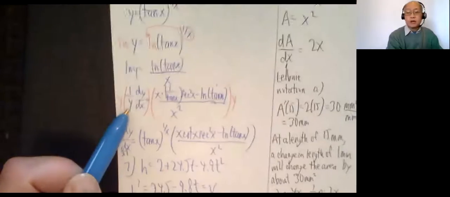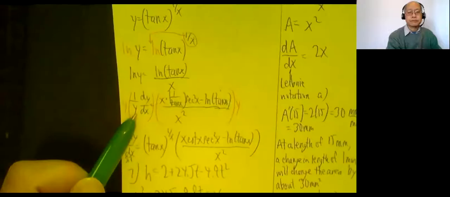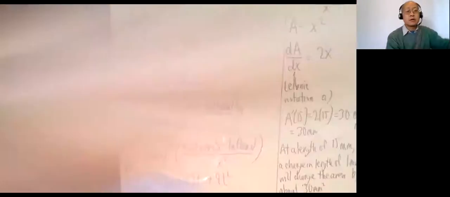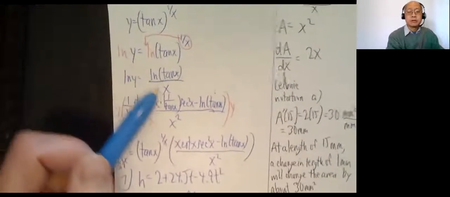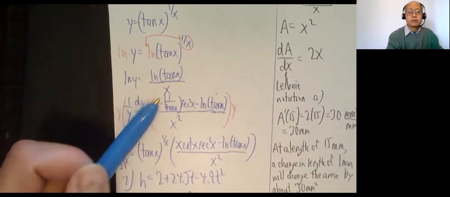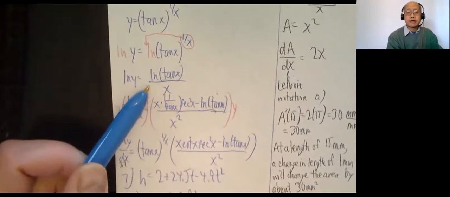Okay, then differentiate implicitly. The left side's always the same: 1 over y dy/dx equals. Now the derivative of the right-hand side, so it looks like a quotient rule. Bottom, x, times the derivative of the top.